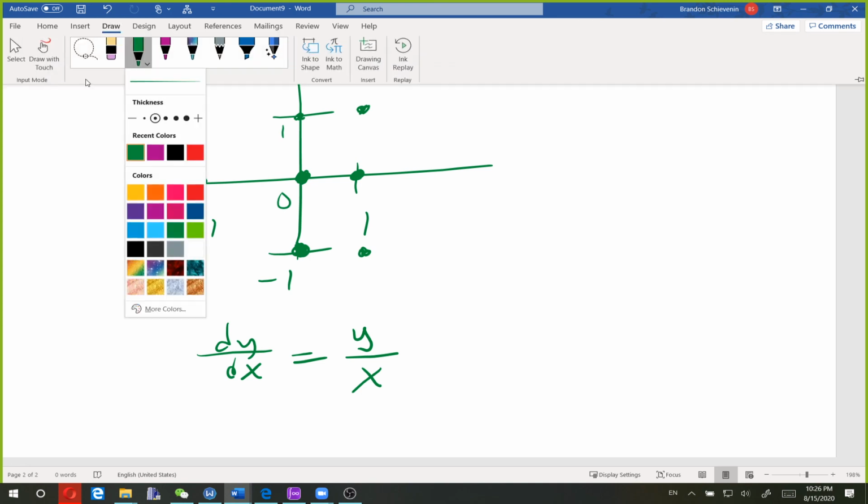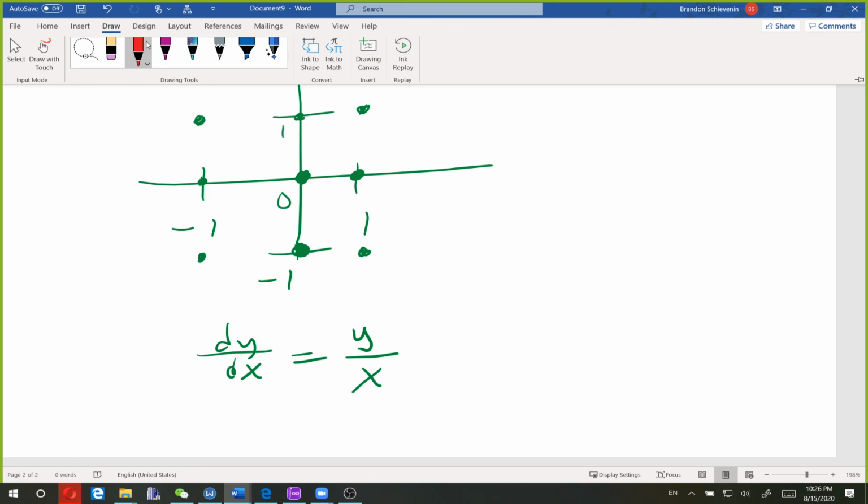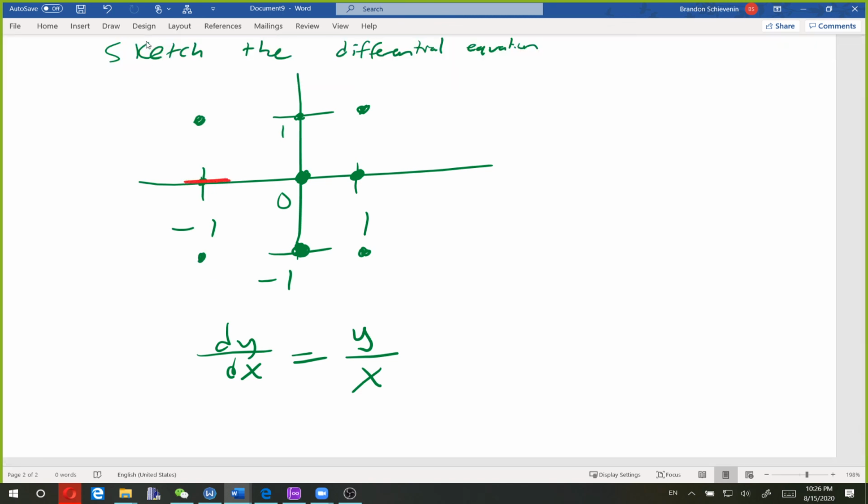So I'm going to draw here in red maybe. Okay, my slope is 0 for (-1, 0). My slope is 0 for (1, 0), and my slope is undefined, which means you don't have to draw anything, for (0, 0).